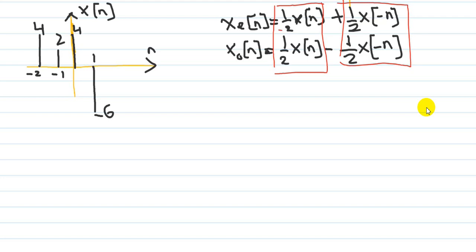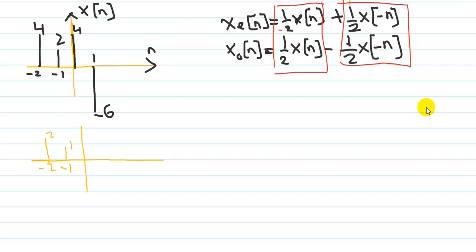Okay, so let us first calculate half x of n. Half x of n will do nothing, but it will reduce the amplitude by half. So now let us start here. Now at minus 1 the amplitude will become 1. At minus 2 the amplitude will become 2 here.